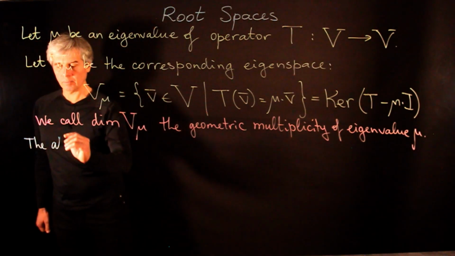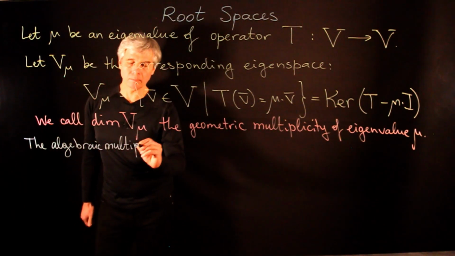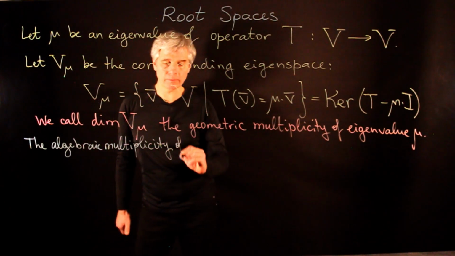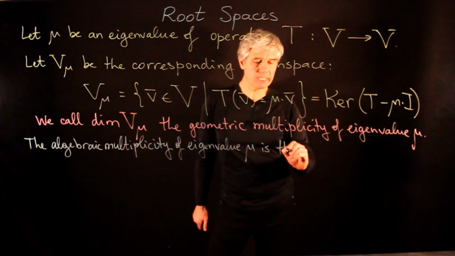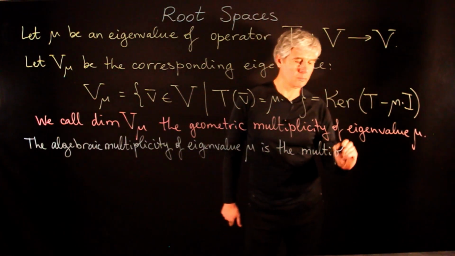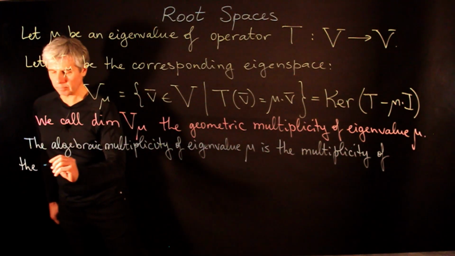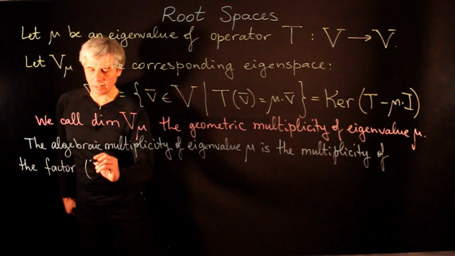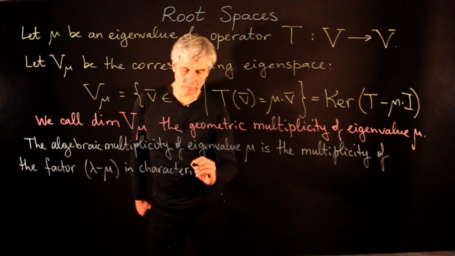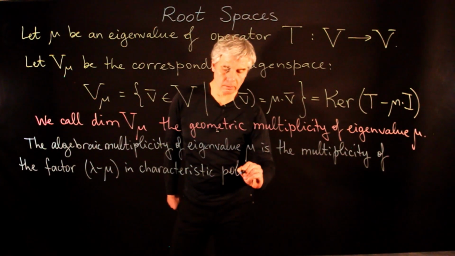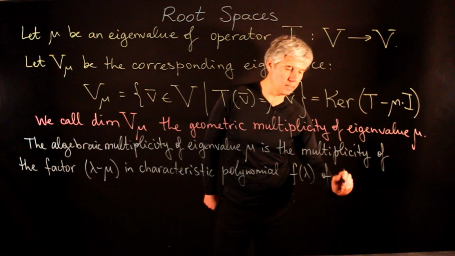The algebraic multiplicity of eigenvalue mu is the multiplicity of the factor lambda minus mu in the characteristic polynomial f of lambda of transformation T.